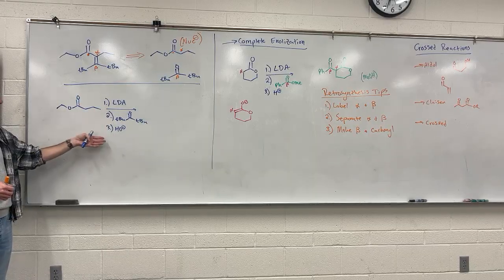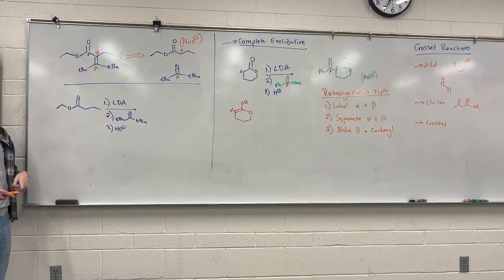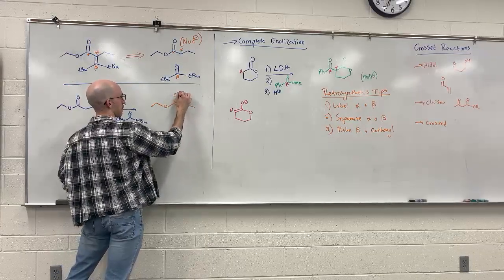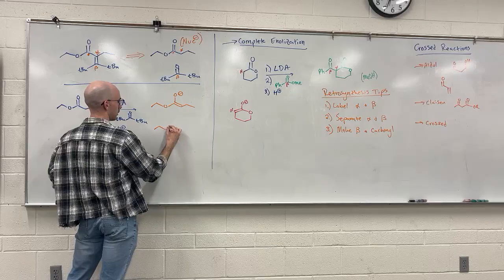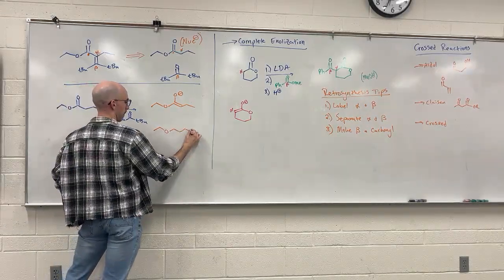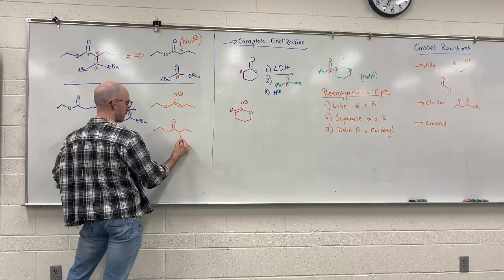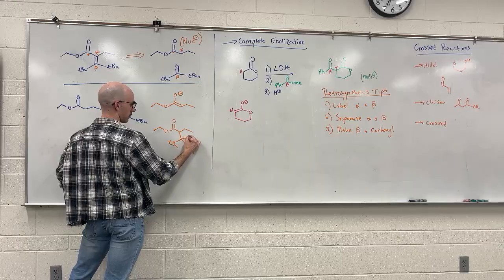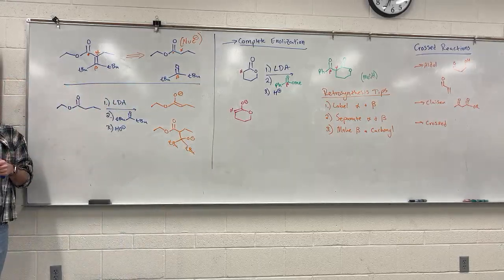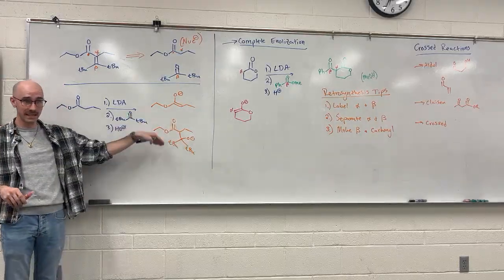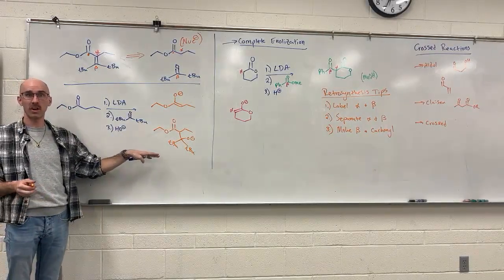So Jackie, that's what the list looks like. And then you get the final product. Now I'm going to draw the intermediates that form along the way. After LDA, I form my enolate. After adding in my carbonyl, in this case, I run acyl addition, but I have no conjugate acid to help me protonate this to make a beta hydroxy carbonyl.